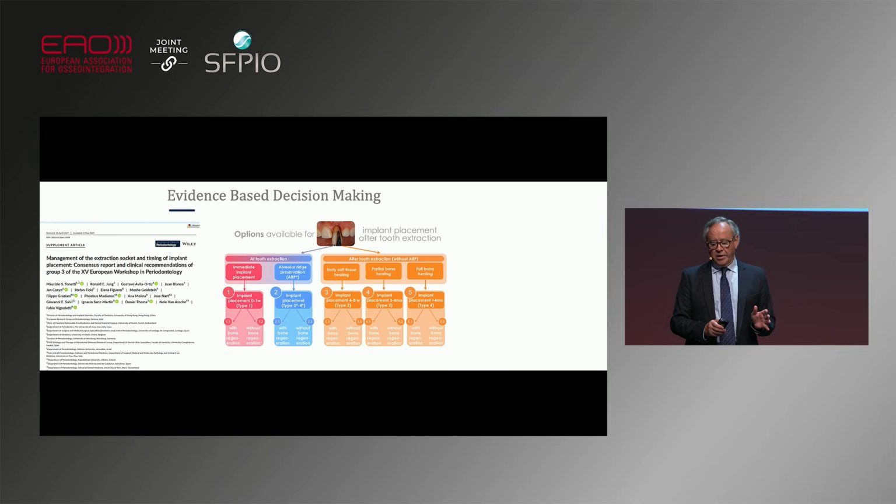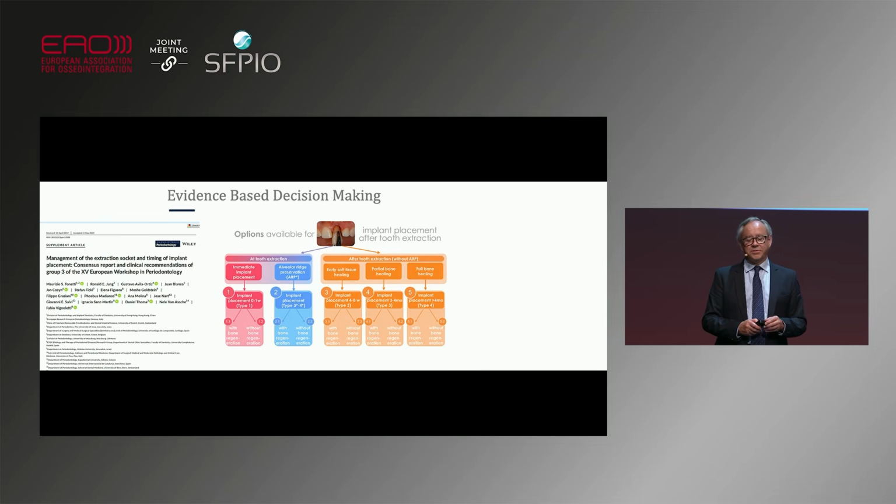And you have there on your left, basically, what can you do at tooth extraction? Basically 2 possibilities: immediate implant, alveolar ridge preservation, and then after extraction, the early, the intermediate, and the late implant placement.